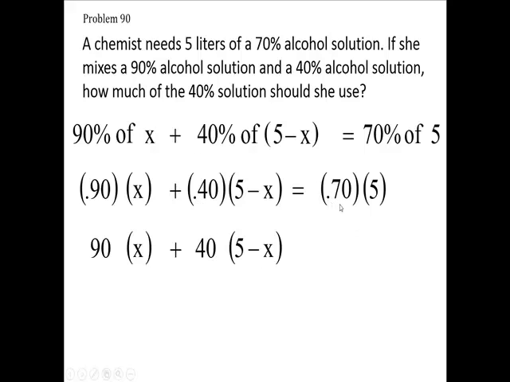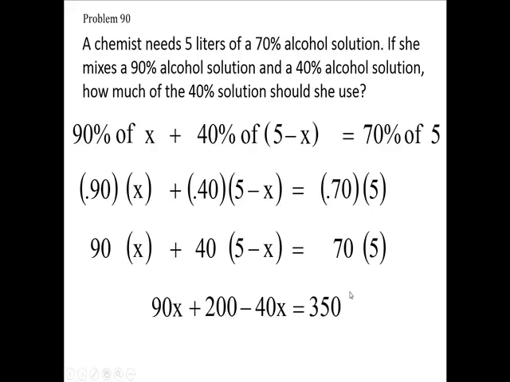Move it over 2 places on this one, makes 70 times 5. So you have 90X. 40 distributed onto the 5 gives you 200. 40 distributed onto negative 1x, 40 times negative 1 is negative 40, of course you have the x. Equals 70 times 5 is 350.